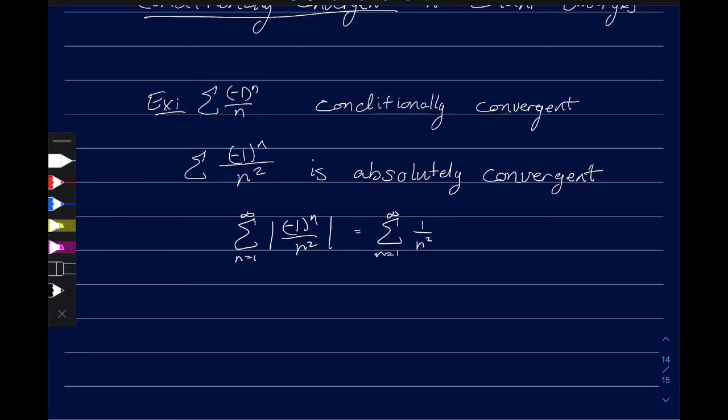As we'll see in a few sections, we can relate this sum to its integral, and that's called the integral test. But it turns out that this sum also converges. And that tells us that our original sum of -1 to the n over n squared is absolutely convergent.